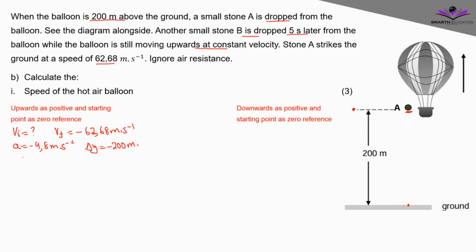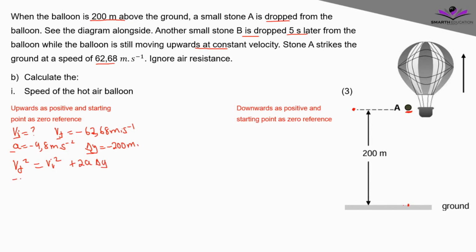The best one to use here, which has initial velocity, final velocity, acceleration, and displacement, is Vf squared is equal to Vi squared plus 2a delta y. Then we substitute.